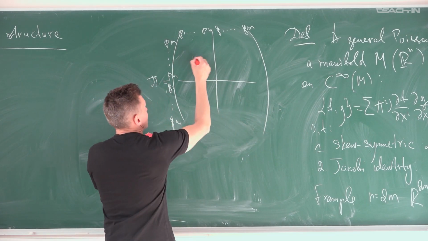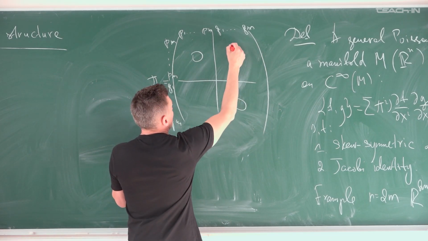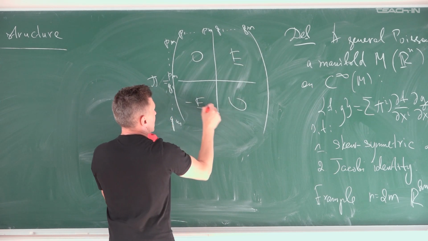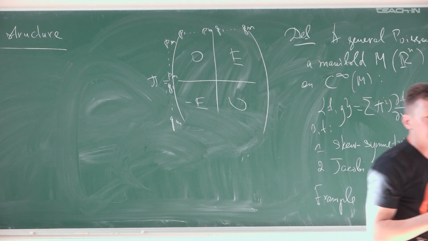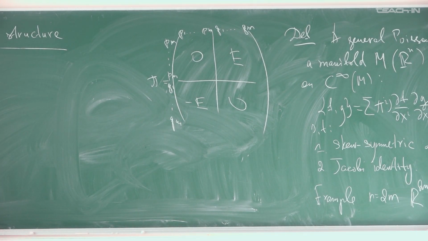And pi in this case is 0, 0, 1, minus 1. So in this case, the bivector is given by this matrix. It is skew-symmetric. It is necessary for this condition. And it is very simple. So it contains only unities and minus unities on the diagonal of this matrix. Is it clear?